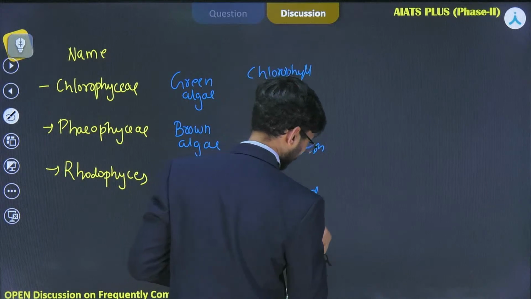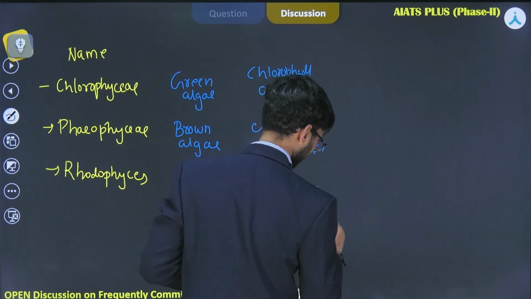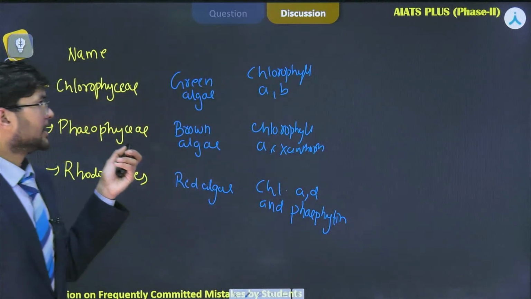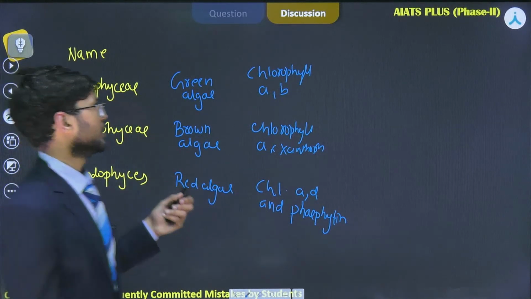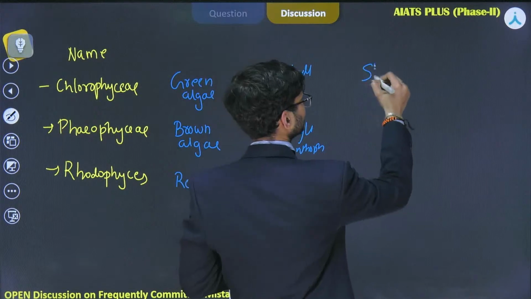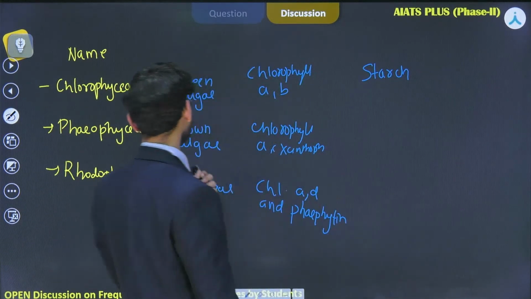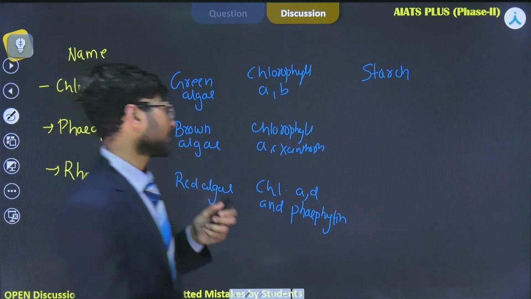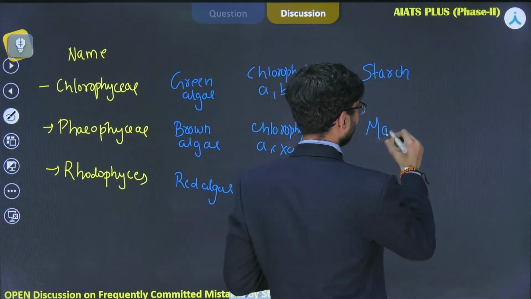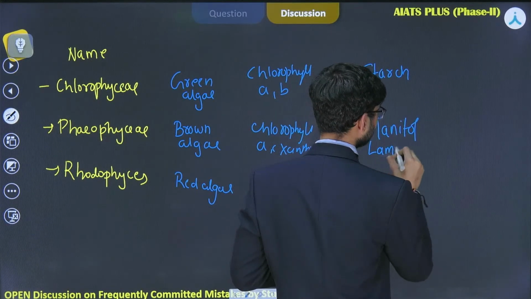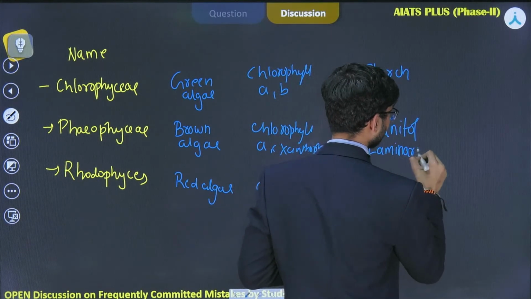So, here the storage material for all these classes: in Chlorophyceae the major storage food is starch, while in case of Phaeophyceae you will find mannitol and laminarin as a food material.